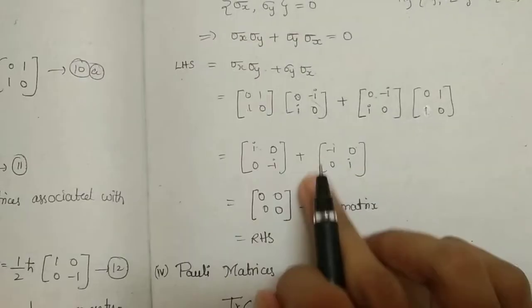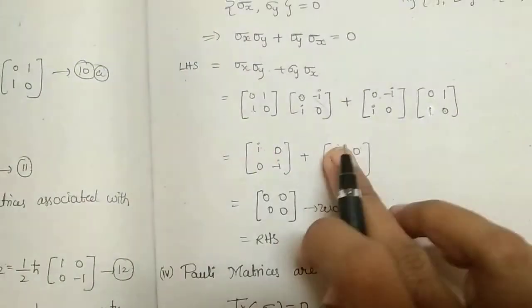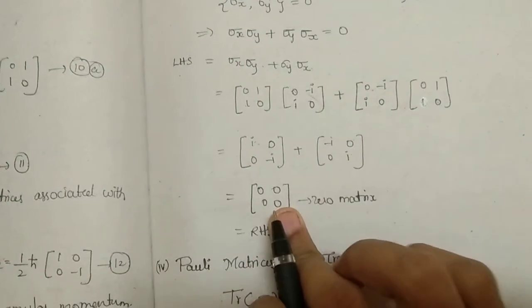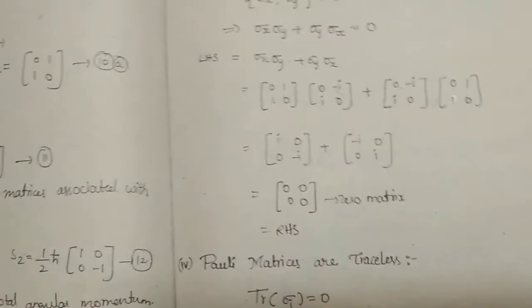Finally, if we add up i and -i, 0, and -i and i, 0, we are getting the null matrix.